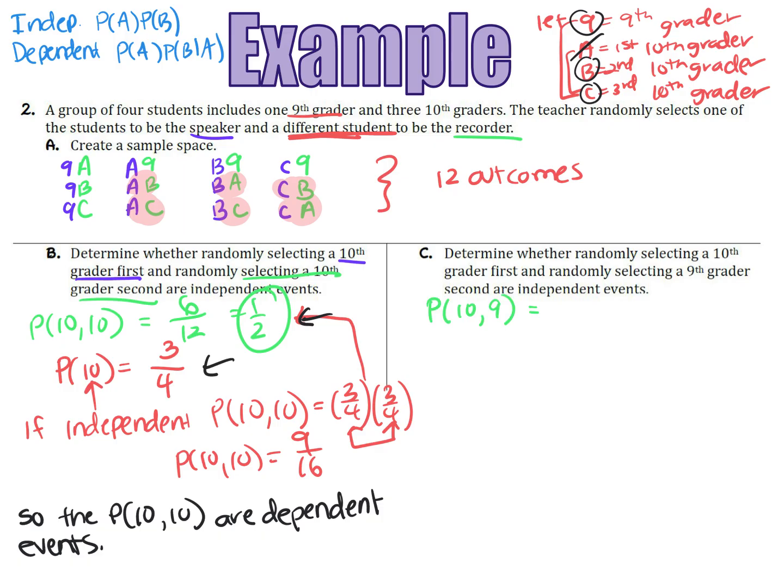All right, so the probability of getting a 10th grader and then a 9th grader, based on our sample space, there are 3 out of the 12 outcomes that have this, which is 1/4.